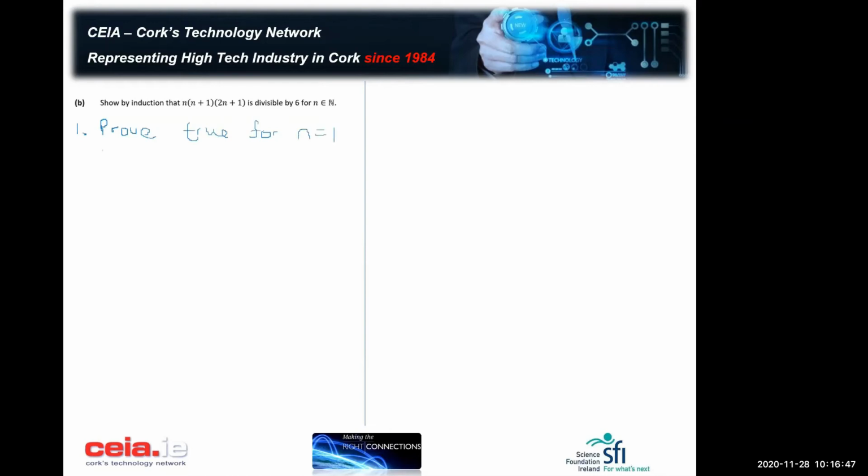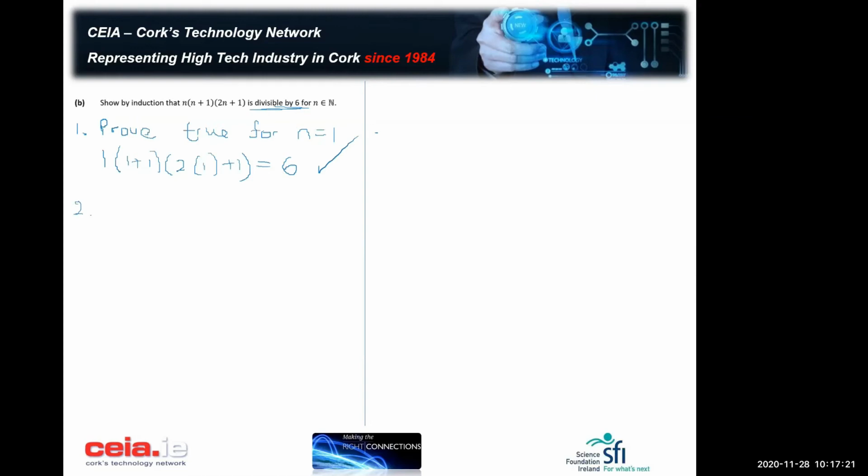Very simply, you put 1 into 1 plus 1 times 2 times 1 plus 1. And that's equal to what? So it's 1 plus 1 is 2, 2 by 3 is 6. So the question is, is it divisible by 6? Yes, it is. So it is true for 1.